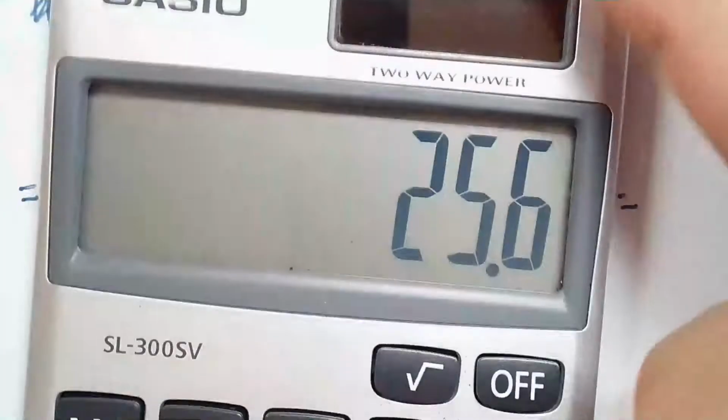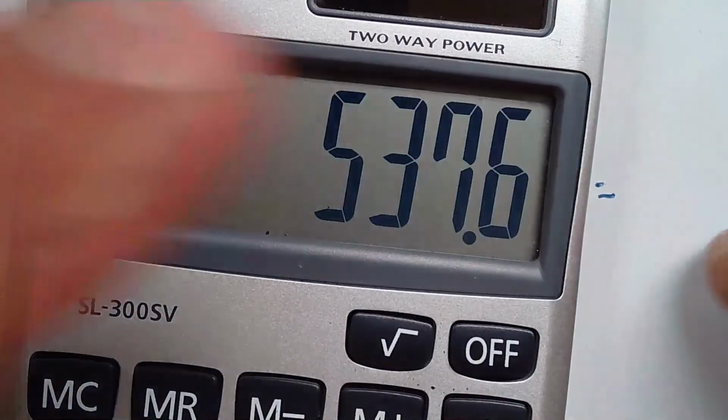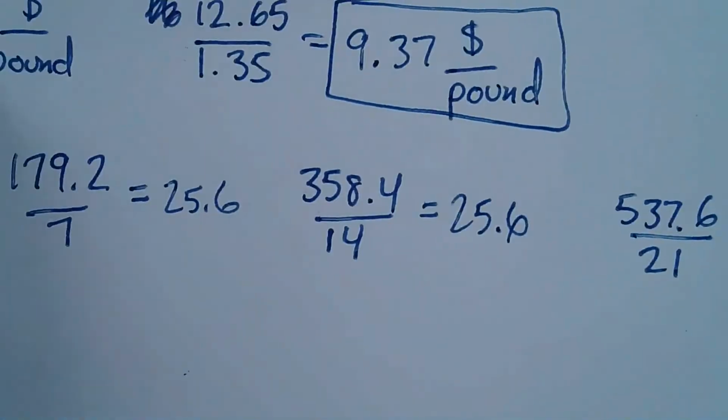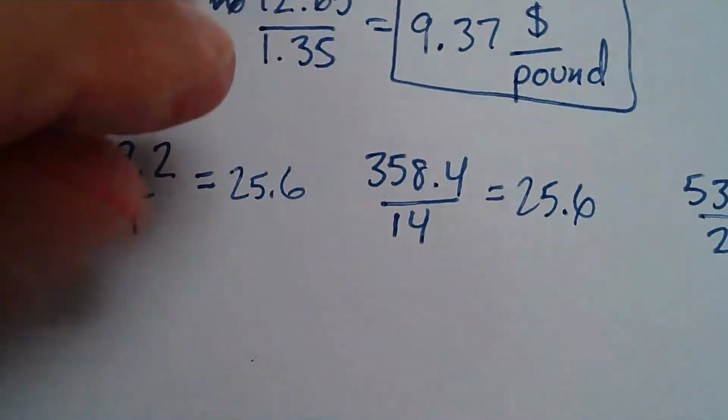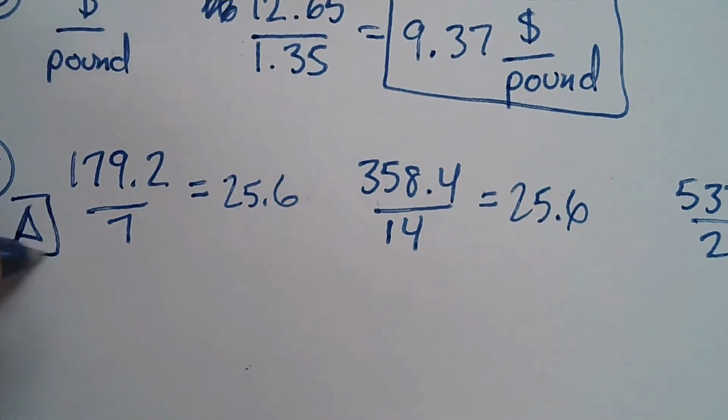And then 537.6 divided by 21 is 25.6. The fact that y divided by x is the same all the way through makes A the answer.